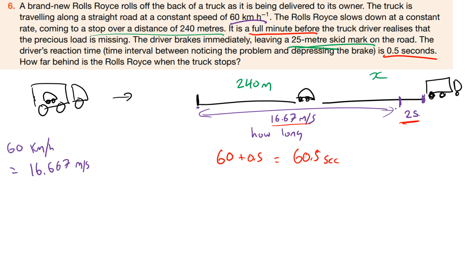So bringing this all together, we've got displacement equals velocity multiplied by time, which equals 16.667 multiplied by 60.5. Give me a sec. 16.667 times 60.5 gives us 1008.3 meters.